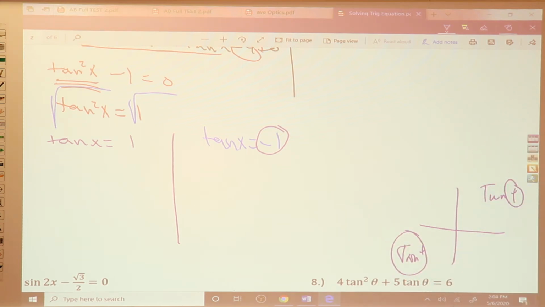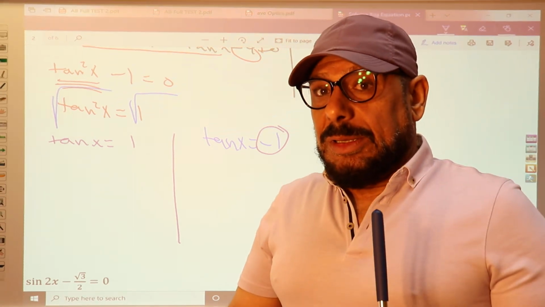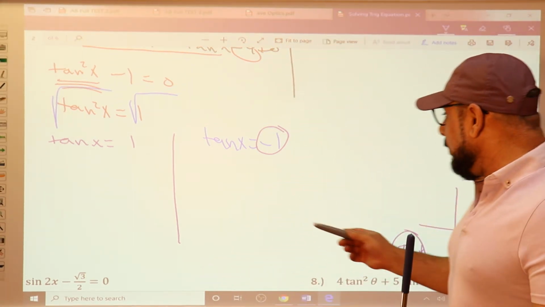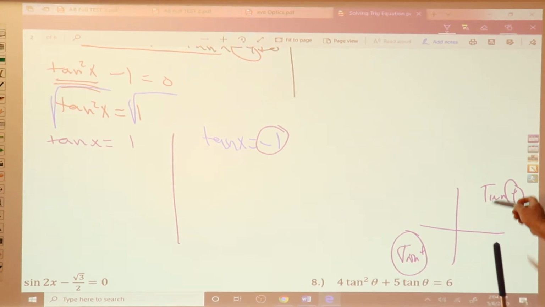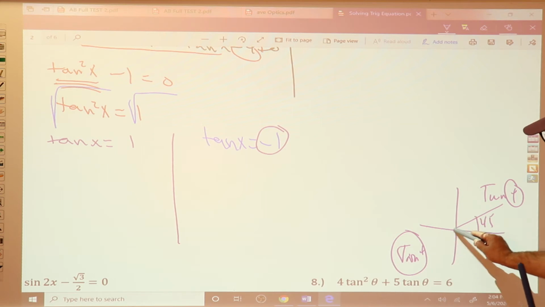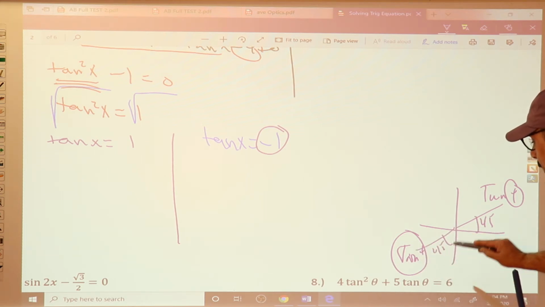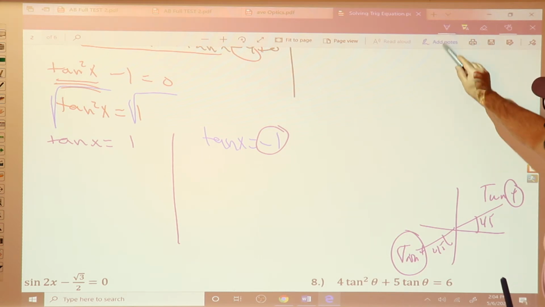Every student take calculus. Please go back to my old videos. Now, 45 degrees here and 45 here, which is 225. Why 225? Because we measure the angle from the positive x-axis.